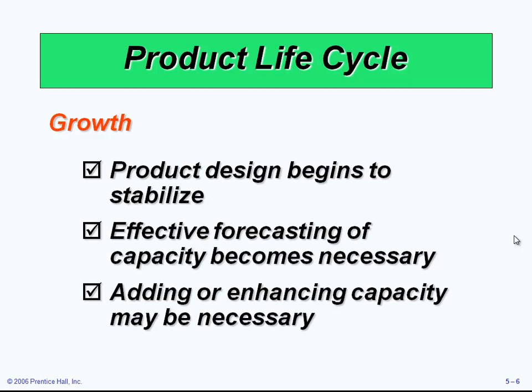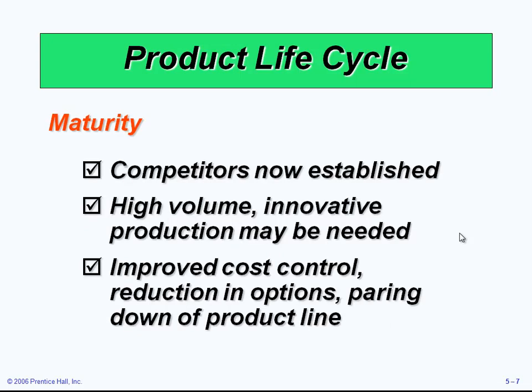In the growth stage, the product design will begin to stabilize and forecasting for the capacity and demand will be necessary. In this stage, the enterprise has to decide on adding or enhancing its capacity to satisfy market needs. In the maturity phase, the product should be able to compete in the market with the ability to produce high volume or use innovative ways of production if needed.